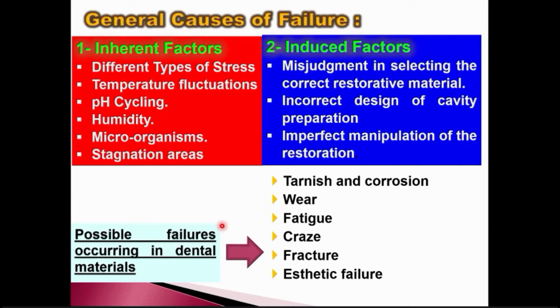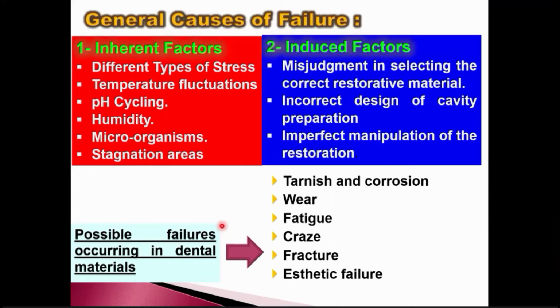General causes of failure include inherent factors such as type of stress, which is number one, because during mastication, a lot of stresses come on the tooth and restoration itself. Temperature fluctuation, as I mentioned, various people take different temperature food, hot and cold. pH cycling, depending on sugary food, oral environment, pH might change. Of course, acidic pH is more dangerous in that terms.